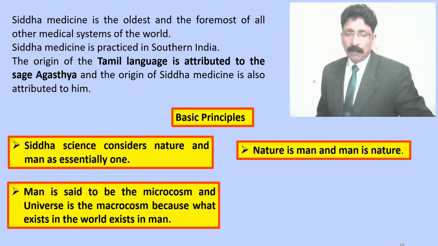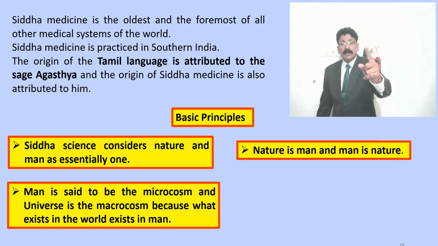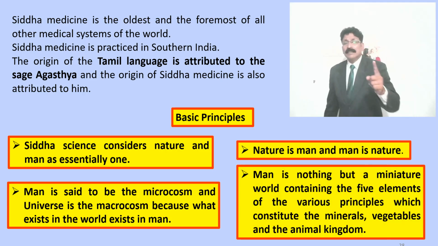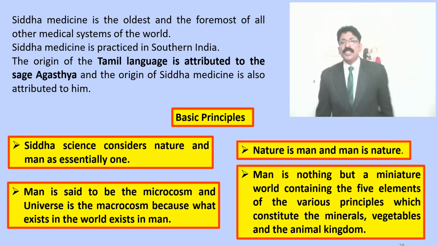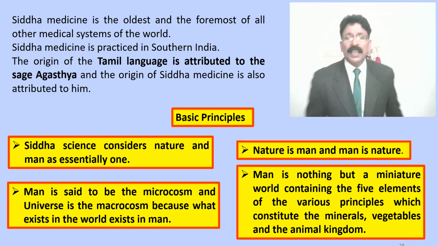This is the main principle behind Siddha medicine. Man is nothing but a miniature world containing the 5 elements and various principles which constitute the minerals, vegetables and the animal kingdom.